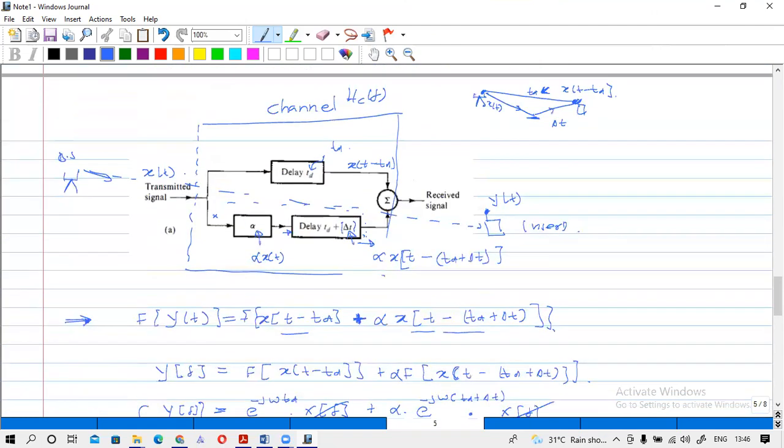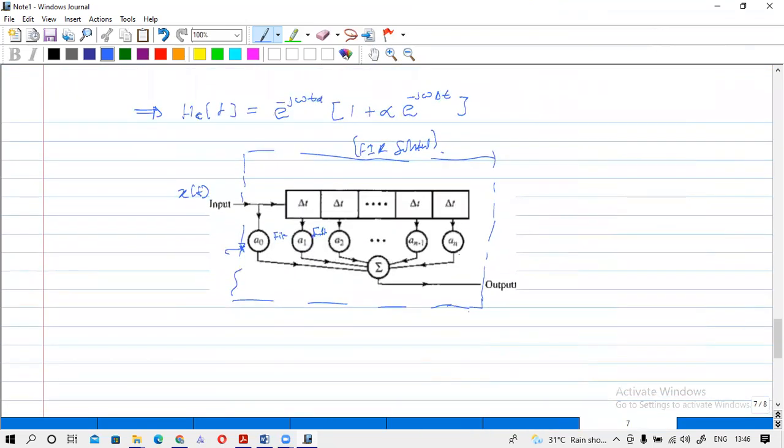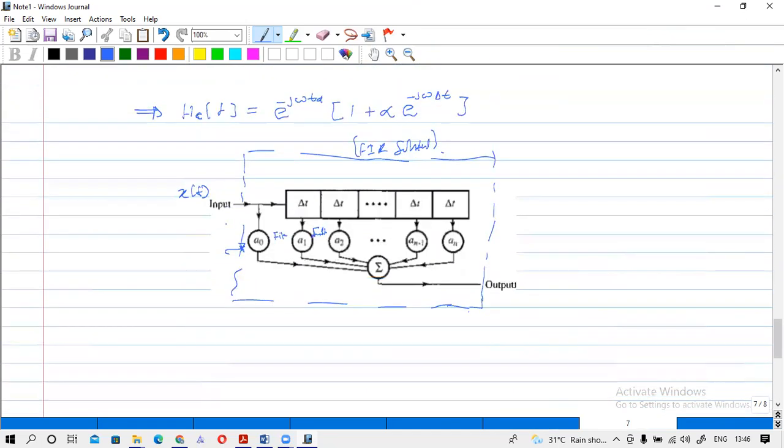First I considered the channel, then I considered the equalizer. So x(t) is the input to the equalizer. Actually this input is the output of the channel, so I will write it as y(t).